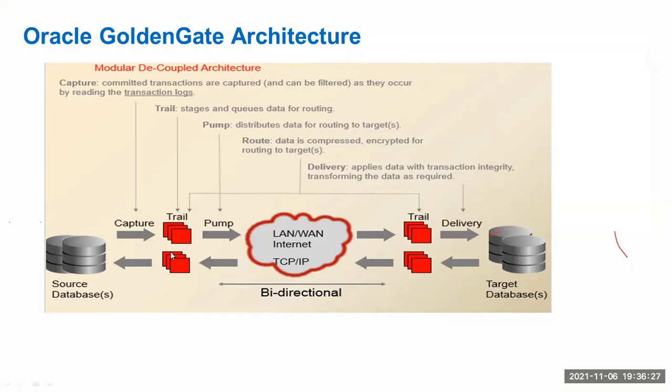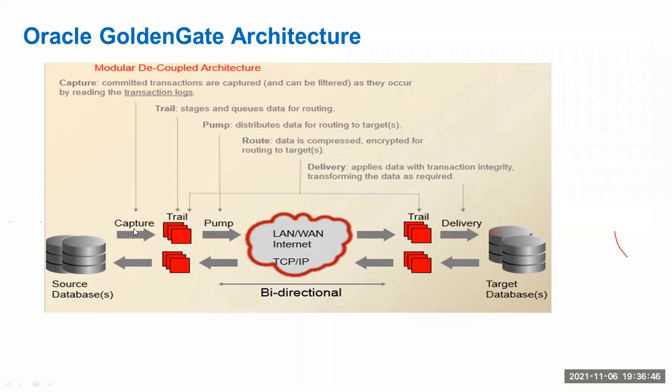As soon as those transactions are captured, it will write them to the trail file on the local machine. Golden Gate trail files reside on the operating system hard disk.